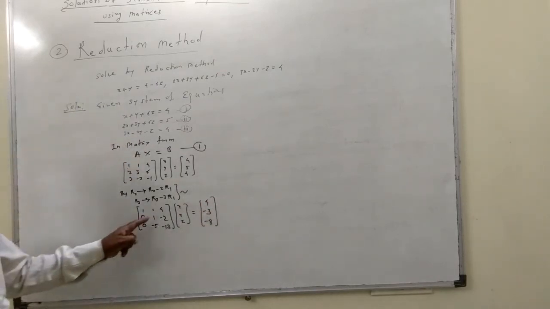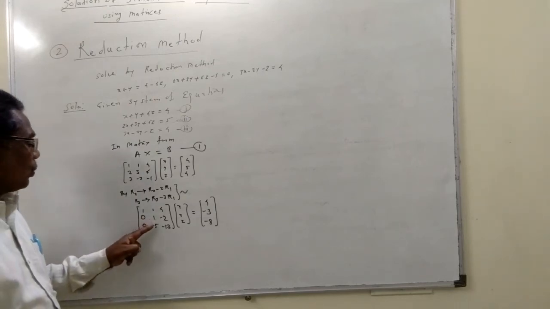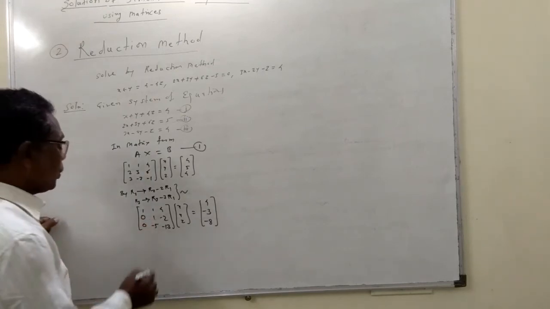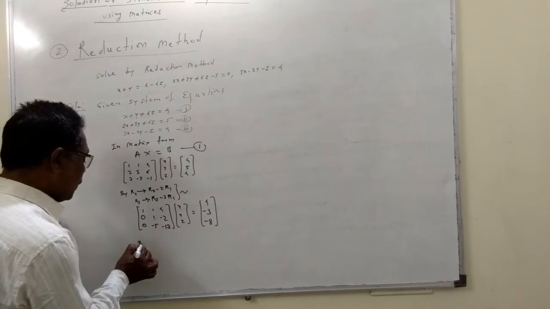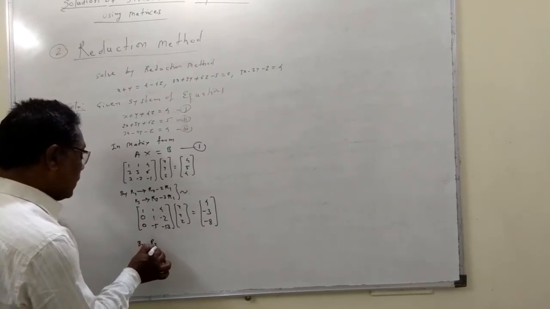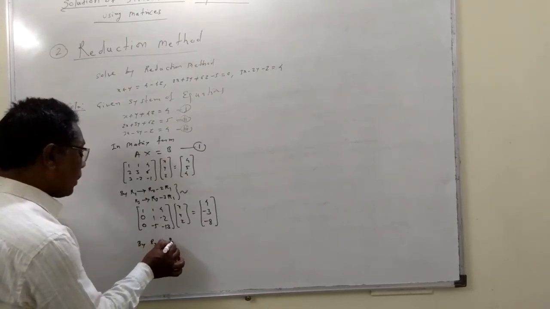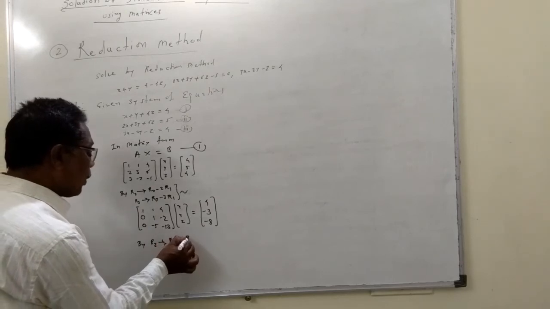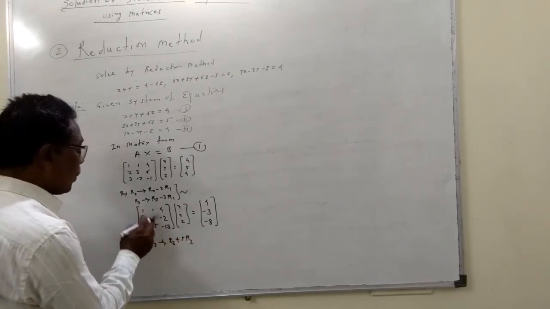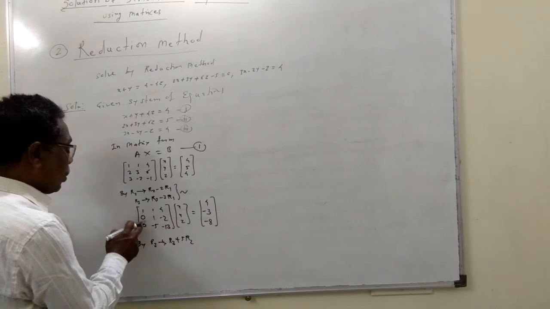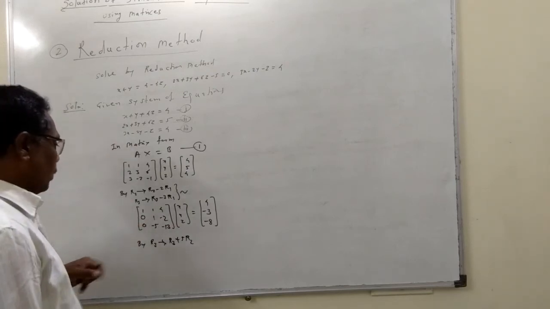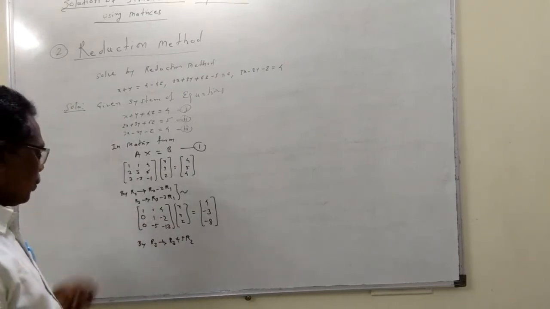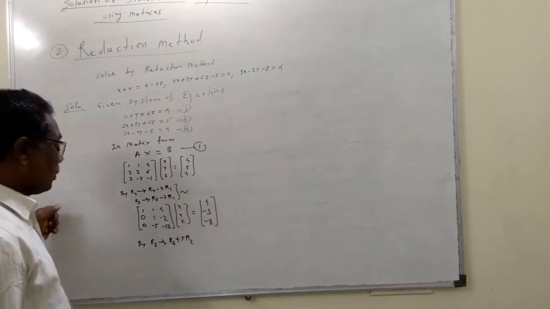Now the next requirement: 1 is already available here, so we want to reduce this minus 5 to 0. We do this operation: R3 is replaced by R3 plus 5R2. When we are doing this, the zeros which we have already obtained must not be disturbed.